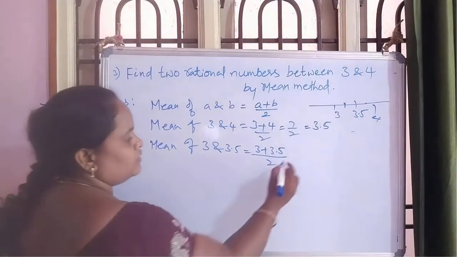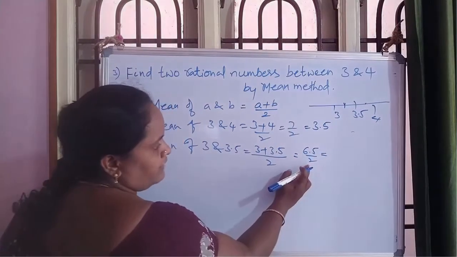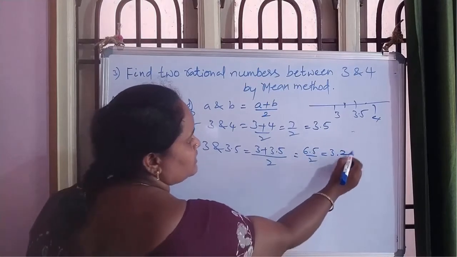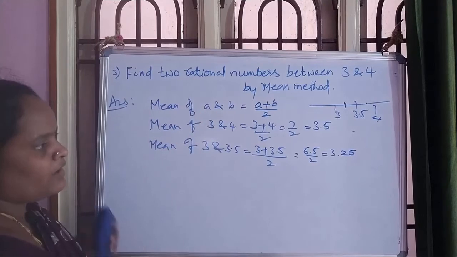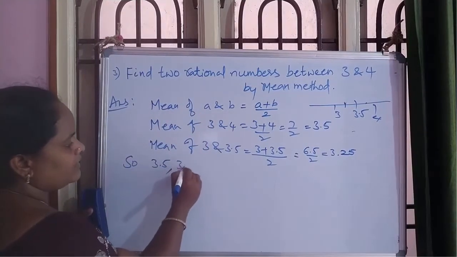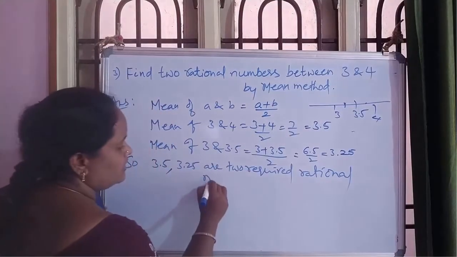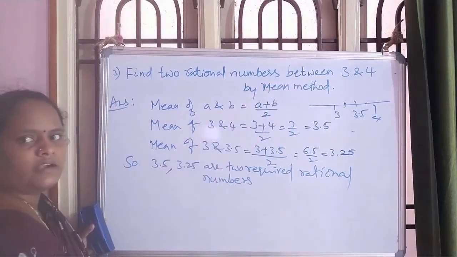Total quantities are 2. 3 plus 3.5 is 6.5, divided by 2. If I divide by 2, I will get 3.25. So 3.5 and 3.25 are two required rational numbers in between 3 and 4.